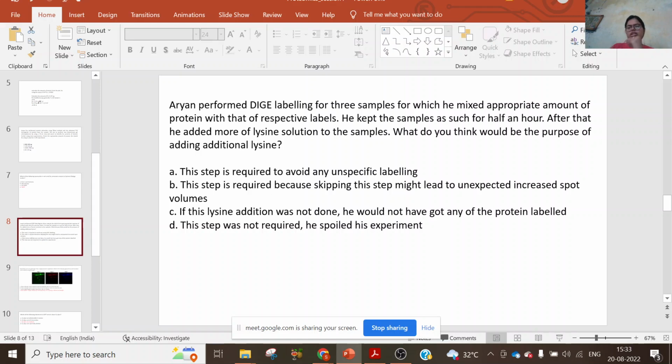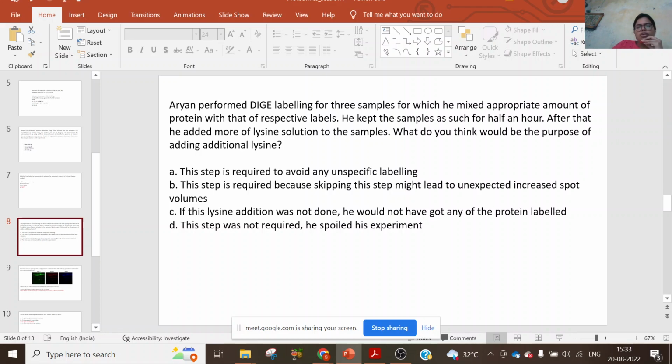So, what is the correct option, or what are the correct options in the given 4 options? Can I get some response? What is the purpose of using lysine in a DIGE experiment? Is it A and B? It's A and B. This step is required to avoid any unspecific labeling, correct?